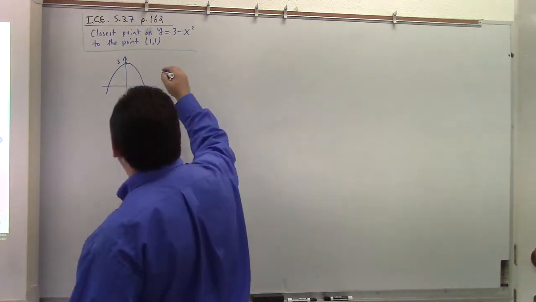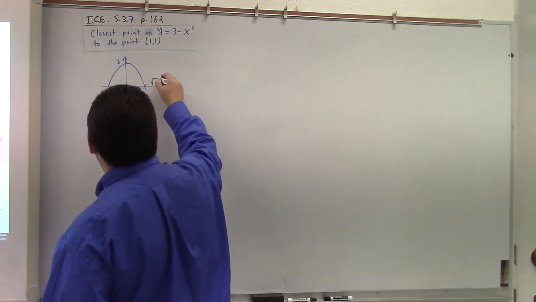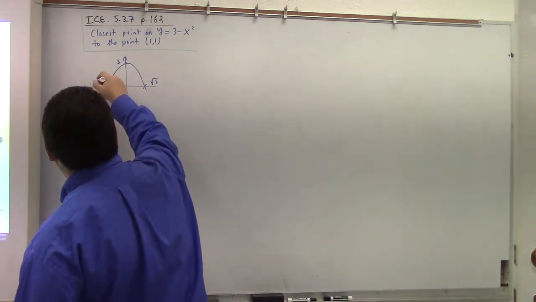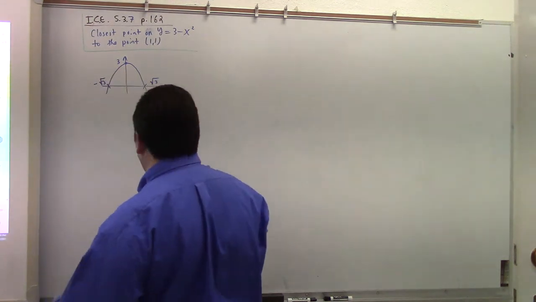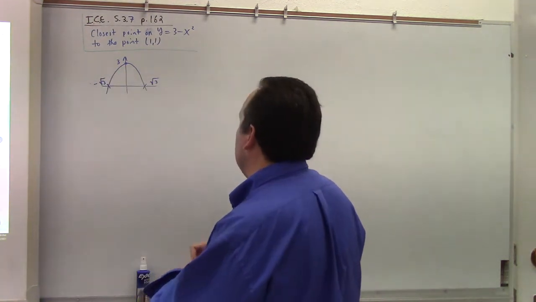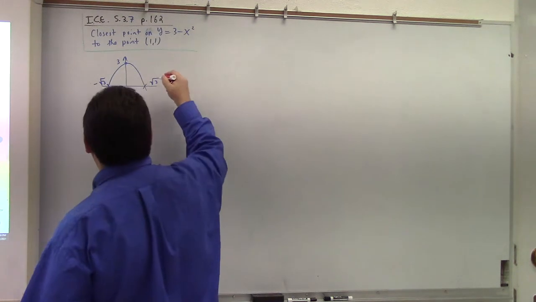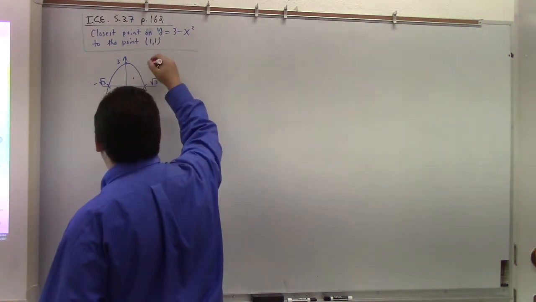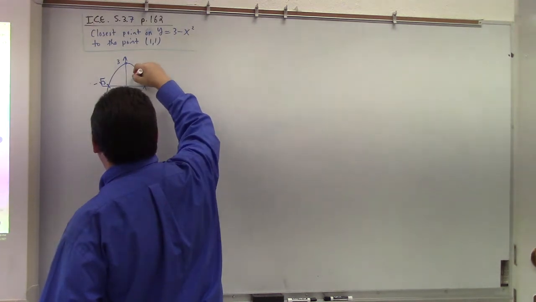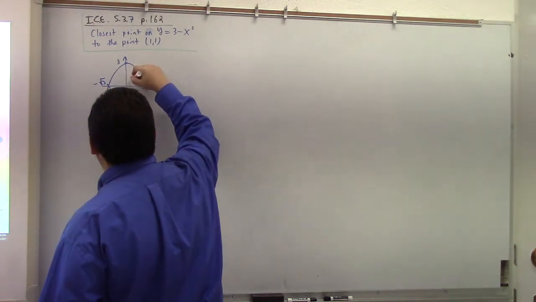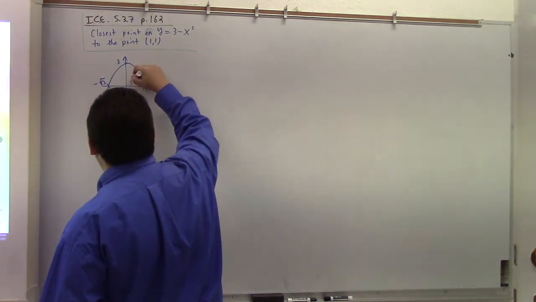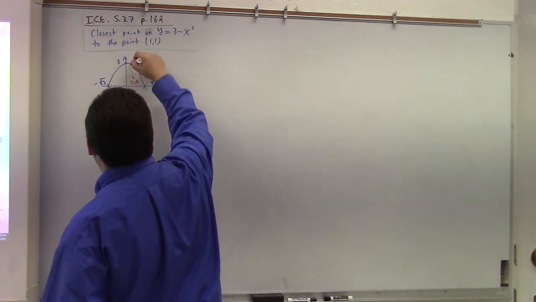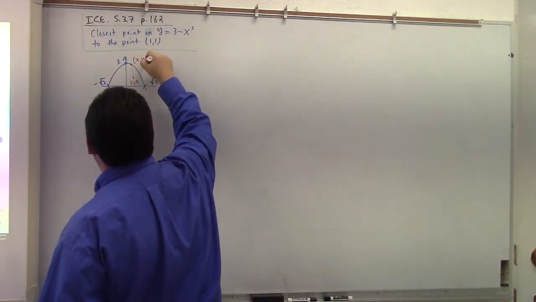Now, I don't know if (1, 1) is inside or outside. Well, let's see. This is root 3, and this is minus root 3. Those are the x-intercepts. So the picture is something like this. It's in here somewhere. This is the (1, 1) point. So we're trying to find a formula for the distance from this point, (1, 1), to an arbitrary point (x, y) on the curve.